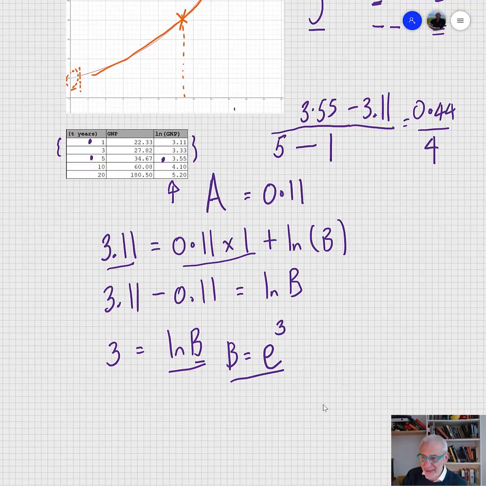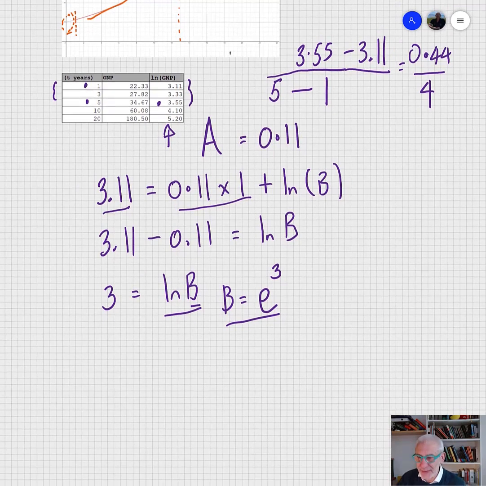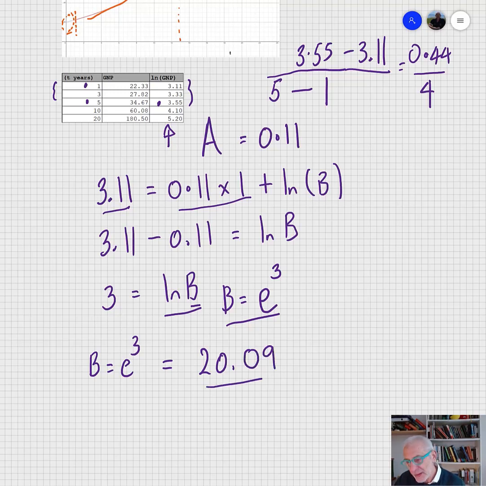So we go to our calculator and we type that number in, that b is equal to e to the 3. And when we put that number into the calculator, we have e to the power of 3, which gives us what number out? 20.09. So there we go.